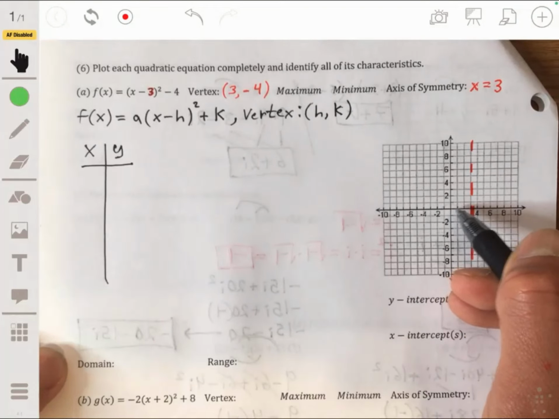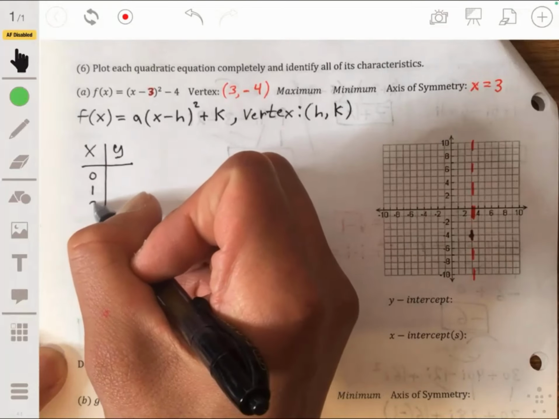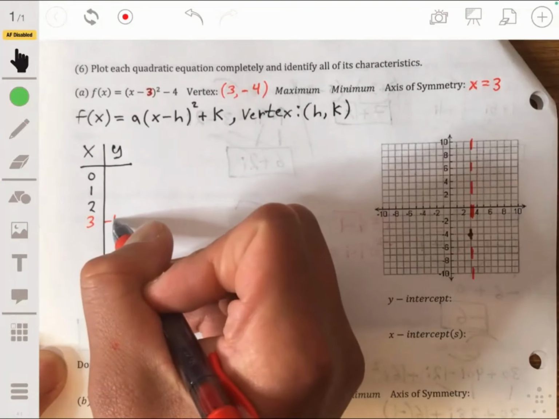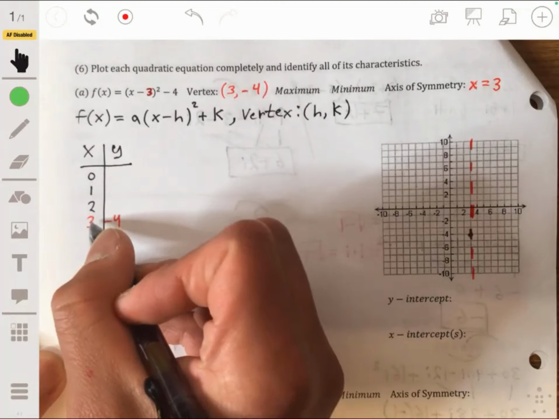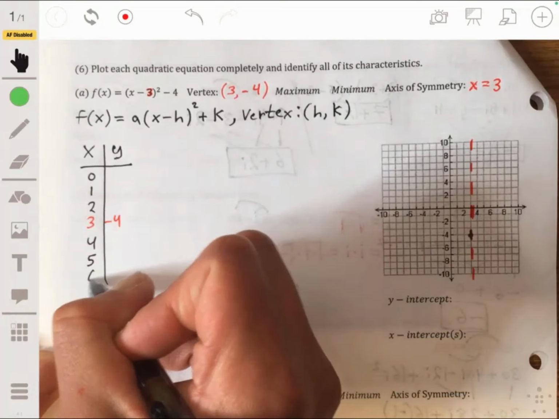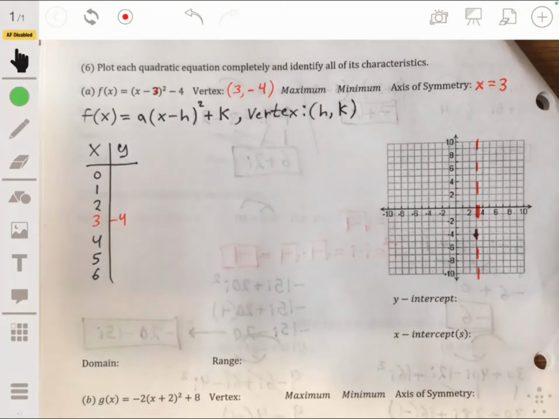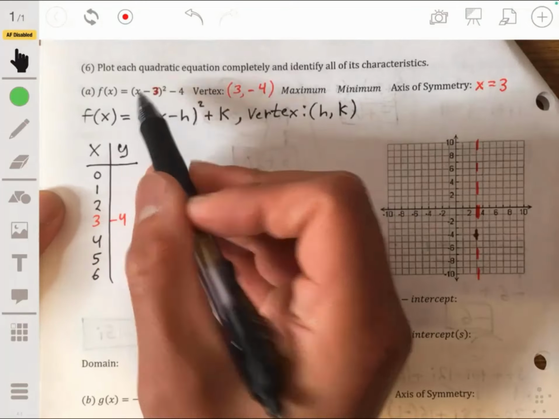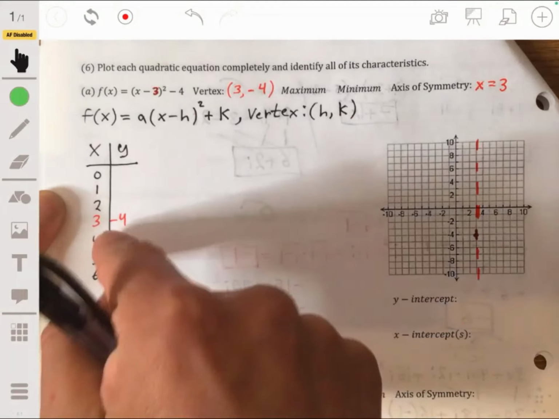So if we go from 0, 1, 2, the vertex is already at 3, negative 4. So we go 1, 0, 1, 2, 3, 4, 5, 6. So we just plug these values into this equation and then reflect them onto these ones.